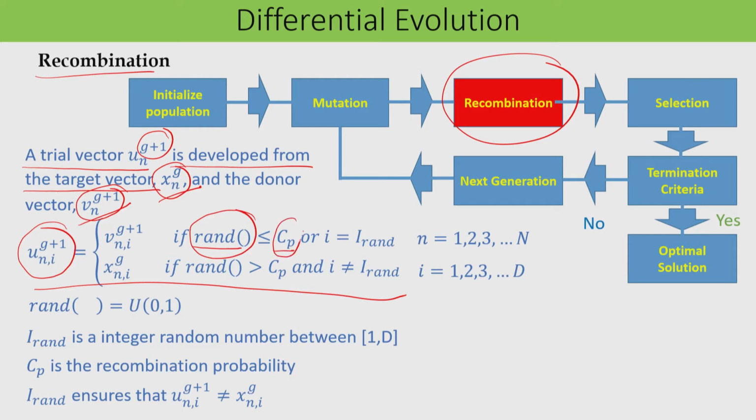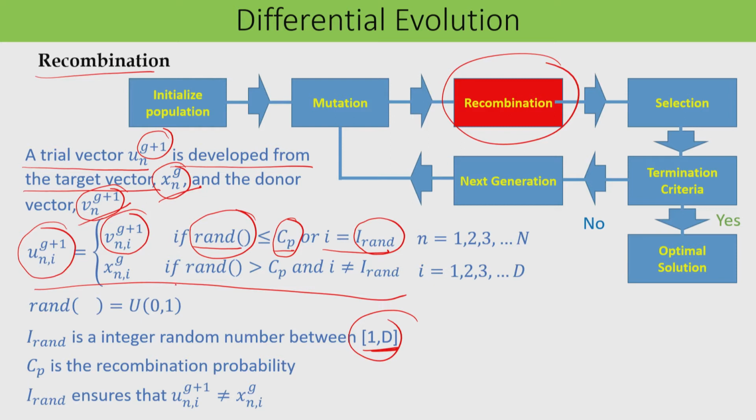Again, Cp is a parameter of this algorithm, so we will define Cp. If it is less than Cp, or i equals i_rand, and i_rand is also generated randomly between 1 and d, in that case we are taking that particular variable from the donor vector.